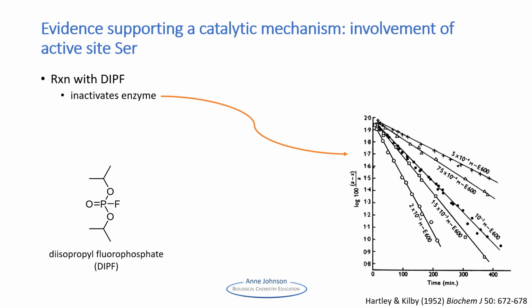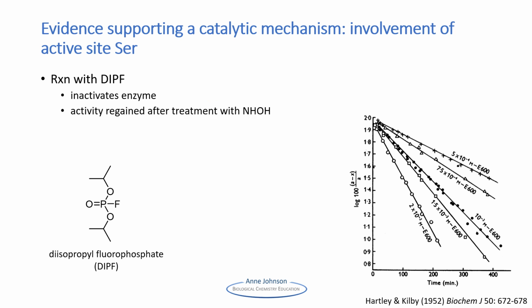Furthermore, both the esterase and proteinase activities of chymotrypsin were affected at the same rate and to the same extent. The amount of DIPF required for complete inactivation was stoichiometric with the amount of enzyme in the assay. Therefore, they concluded that these activities relied on the same active site and that there was only one active site per molecule of enzyme.